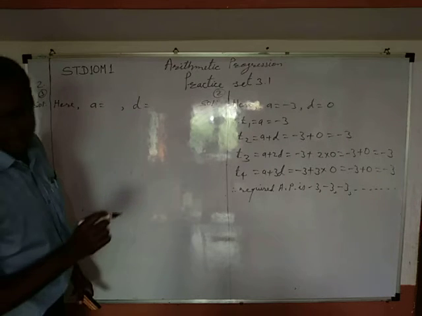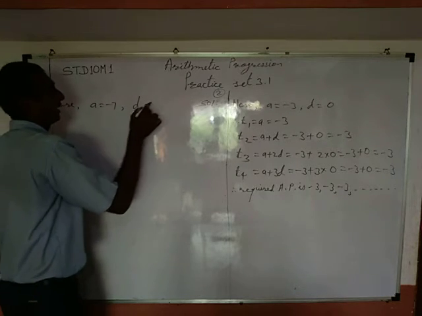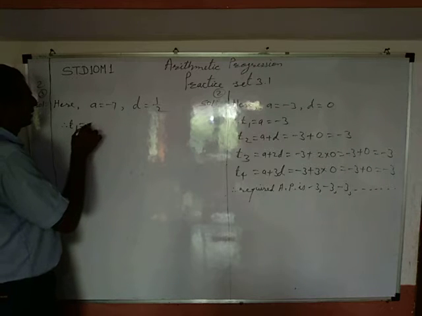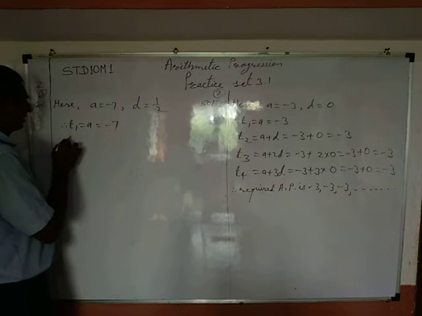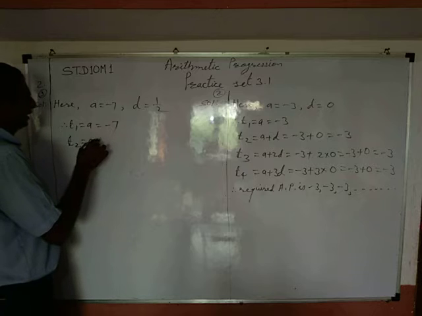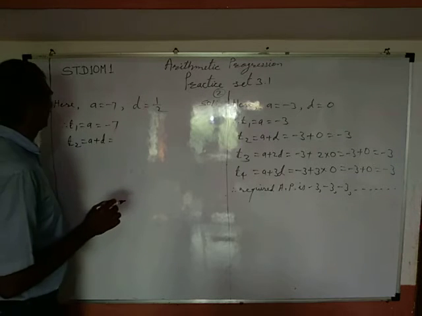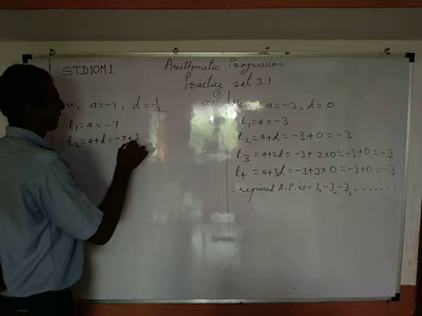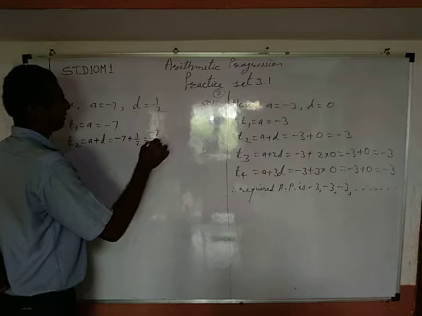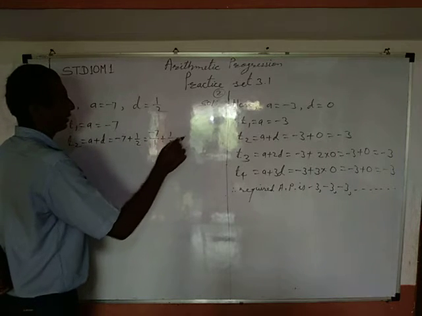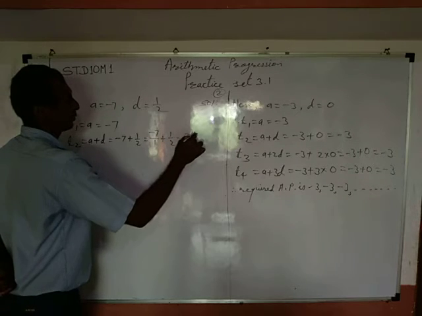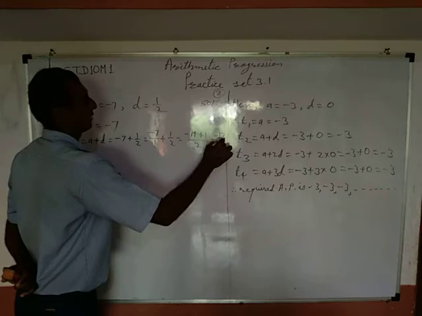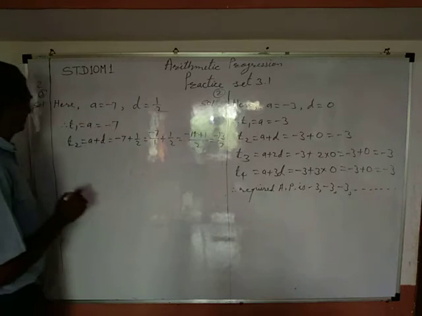Here A is -7 and D is 1/2, and therefore T1 equals A equals -7, T2 equals A plus D equals -7 plus 1/2 equals -14 plus 1 upon 2 equals -13/2.